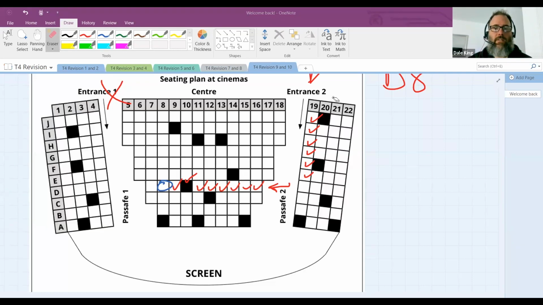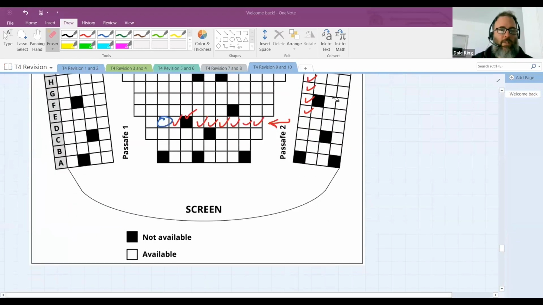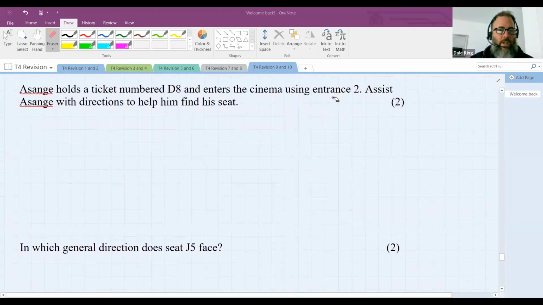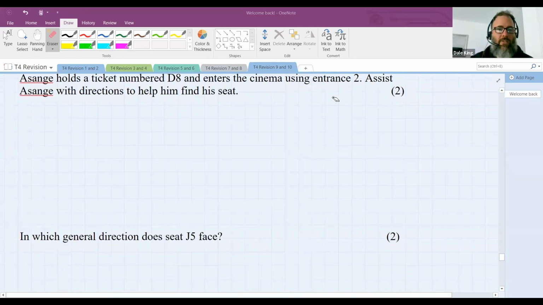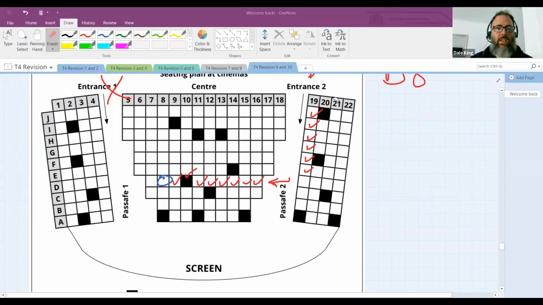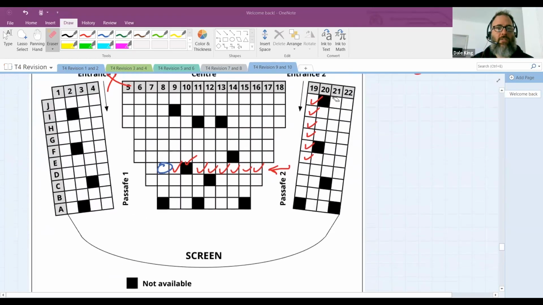All right, let's move on to the next question. In which general direction does seat number J5 face? Seat J5, in which general direction does it face? Oh, come on now, everybody. Even Kia's yawning.